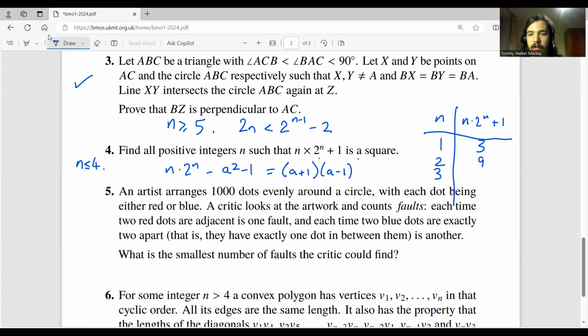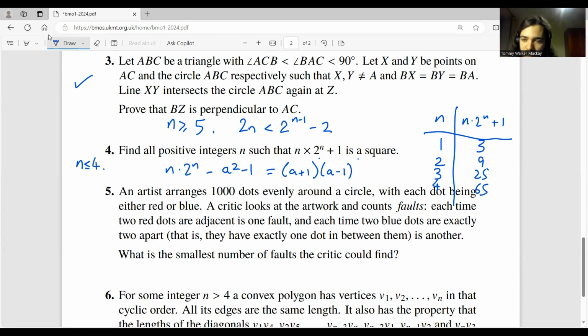For n equals 3, n times 2 to the n is 24, plus 1 is 25. And for n equals 4, we can just about squeeze that in also. n times 2 to the n, that's 4 times 16, which is 64, and then add 1 for 65, right?